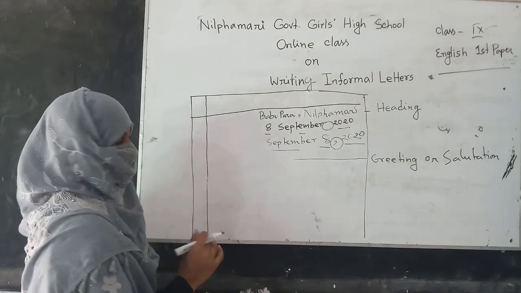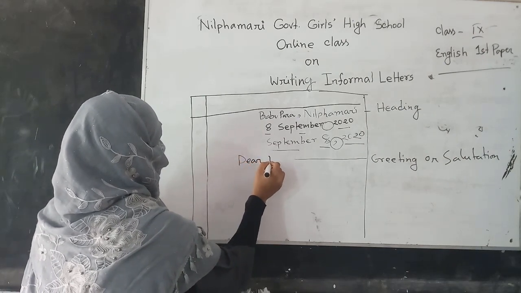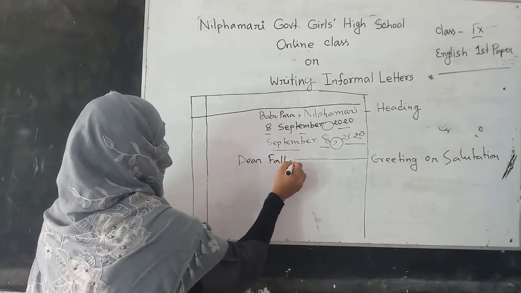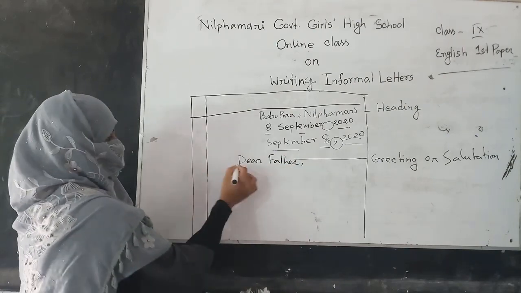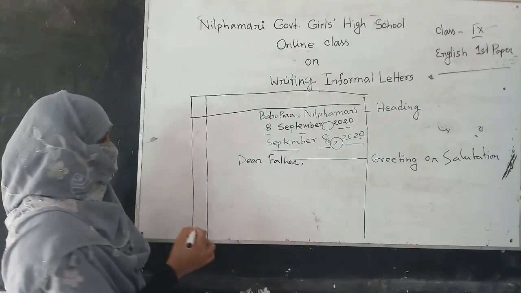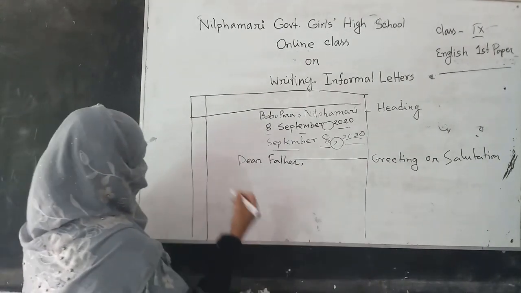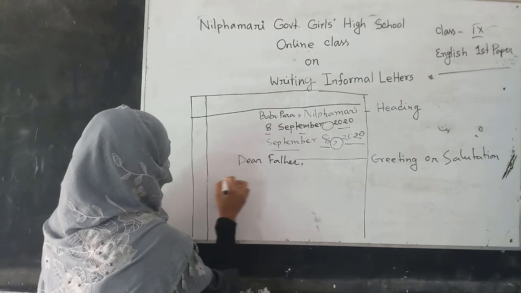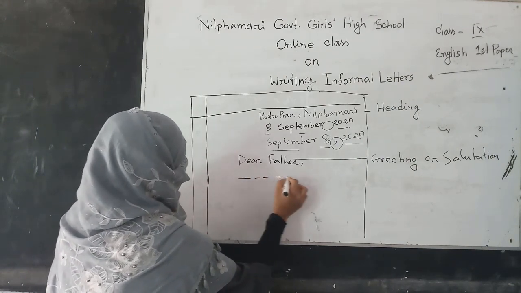Then you have to start like this. This is called indent. Keeping this space is called indent. And when you are writing the body, you also have to keep space from the margin. Then you have to write the body like this.